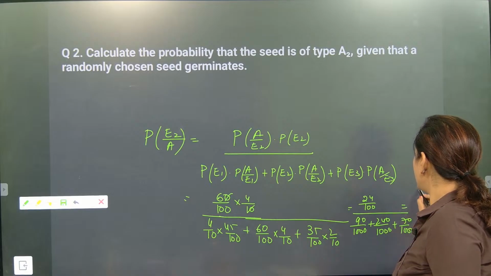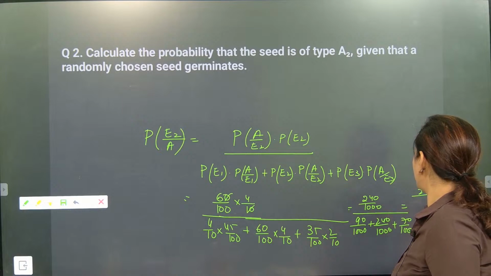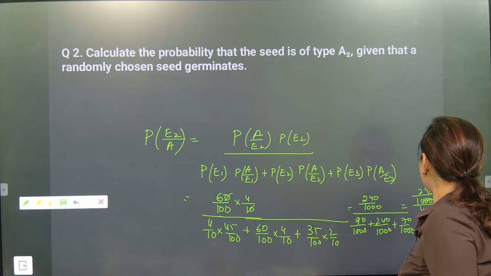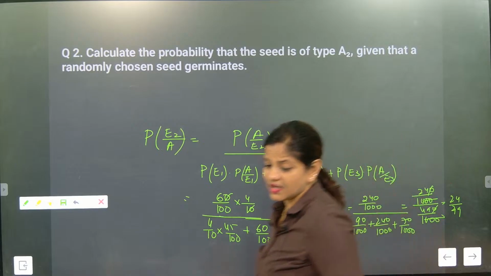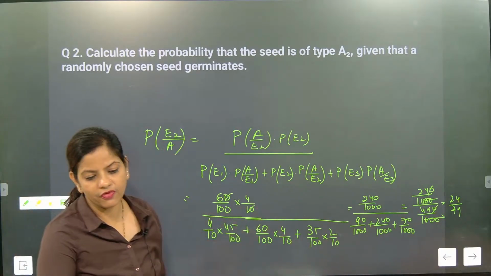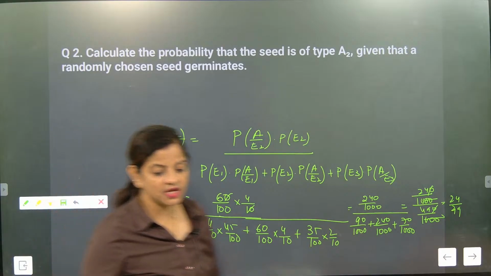So we will write 240 by 1000, then it is better. Down it is 490 by 1000. So this and this got cancelled, this and this got cancelled, 24 by 49. Easy, yeah. Once you grip that part, answers will come easy. Only this much work was there. And if you do it sincerely, it will come.